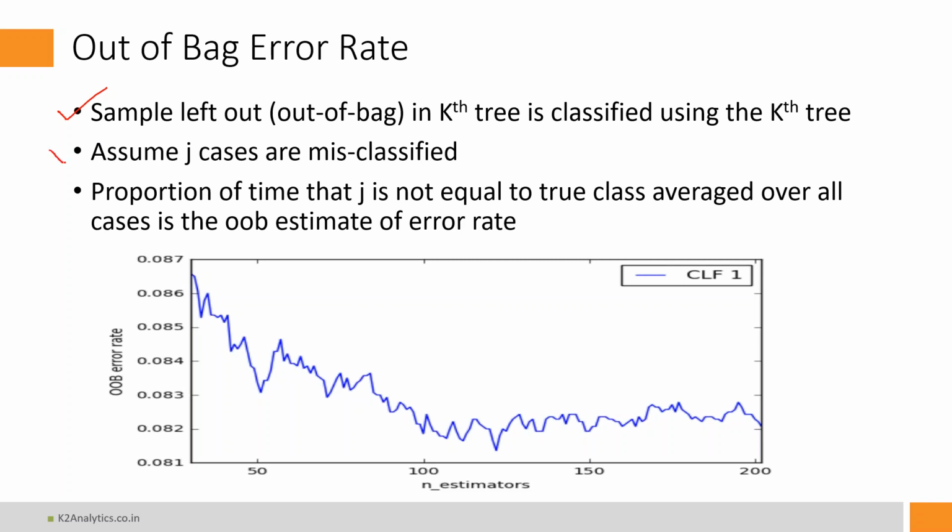Assume j cases out of these out of bags are misclassified. The proportion of time that j is not equal to the true class, averaged over all cases, is the out of bag estimate of error rate, the out of bag error. In a simple way, let me try to explain this.